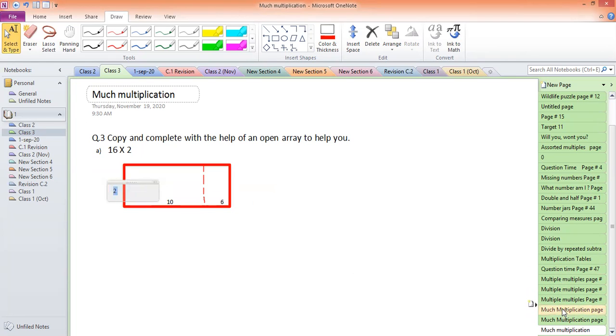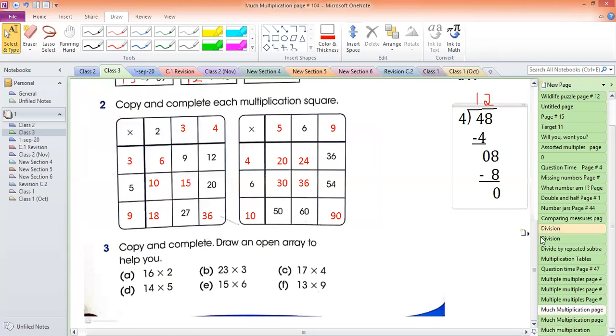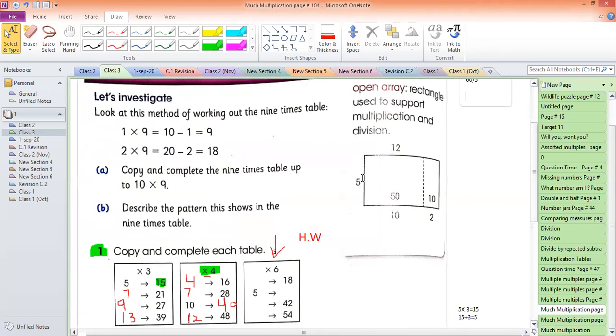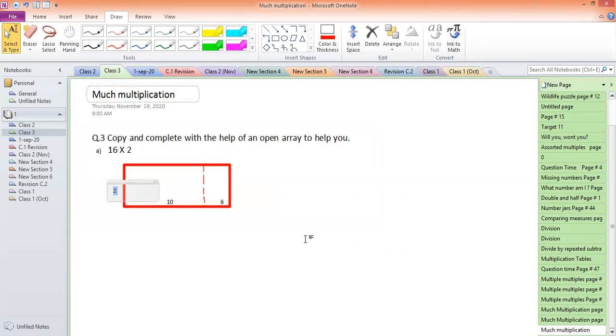In the same way, look here in the book. There you break 50 plus 10, so here you break 16 into 10 plus 6. And there you are dividing by 5, so you write 5 there. Here you're multiplying by 2, so you will write 2 here.